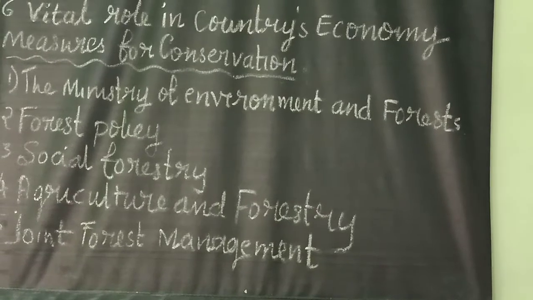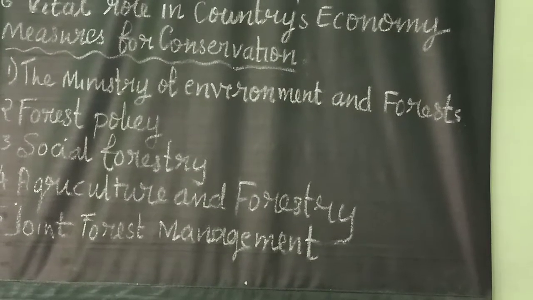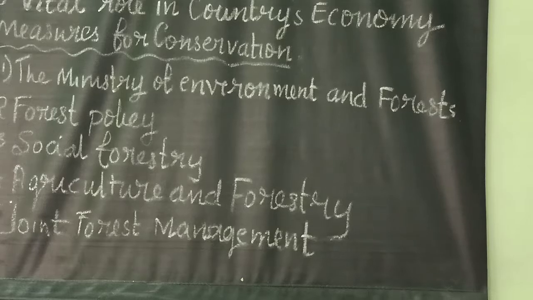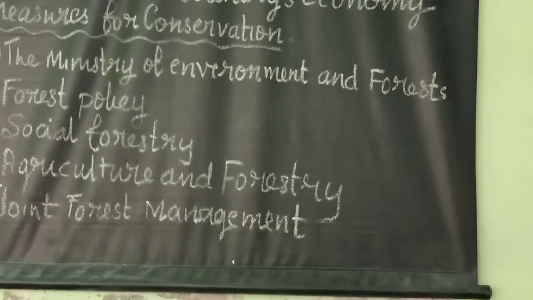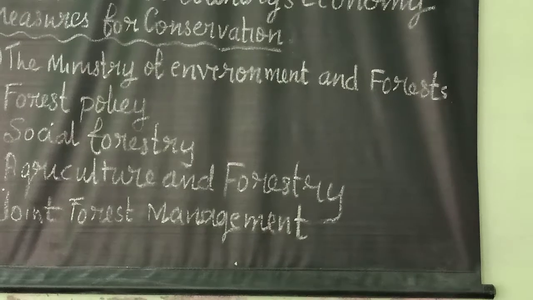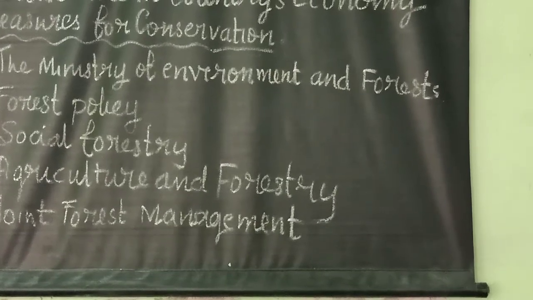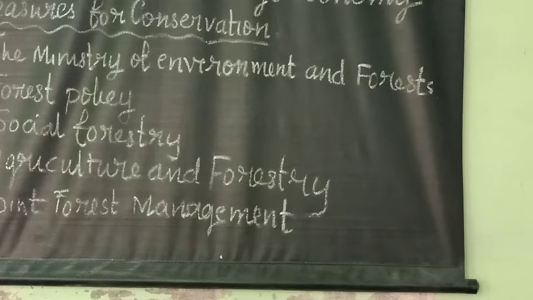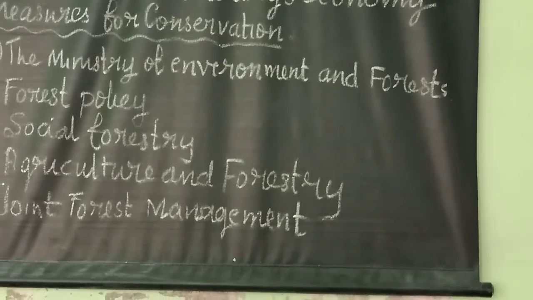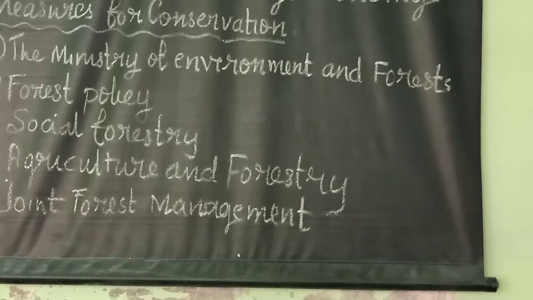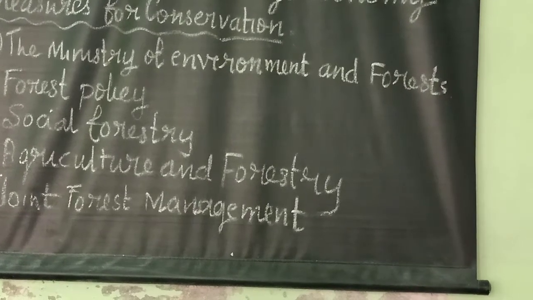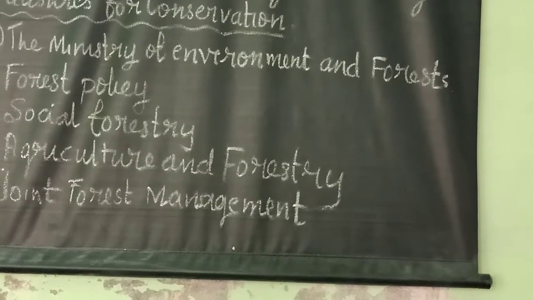The main activities undertaken by this ministry consist of conservation and survey of flora, fauna, forest, wildlife, prevention and control of pollution, afforestation and regeneration of degraded areas and protection of environment in the framework of legislations.